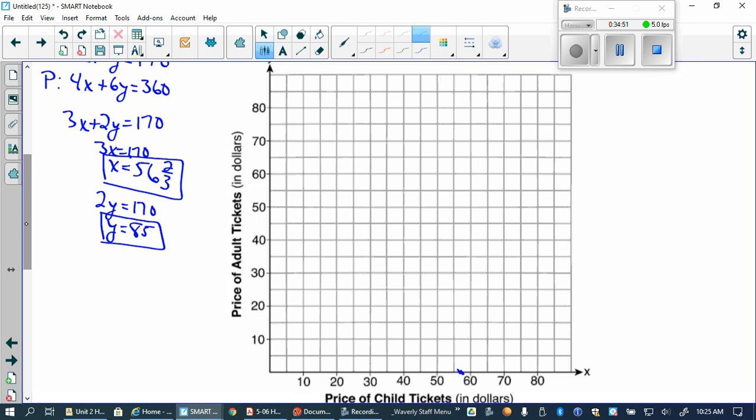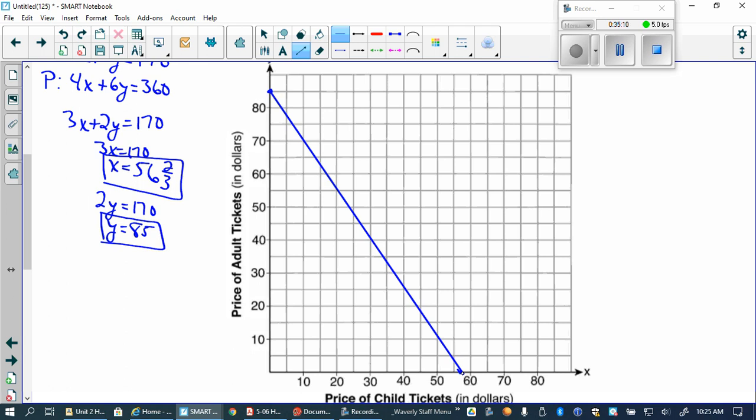It's 56 2/3. Now go up here to 85. Let's connect these with a straight edge.